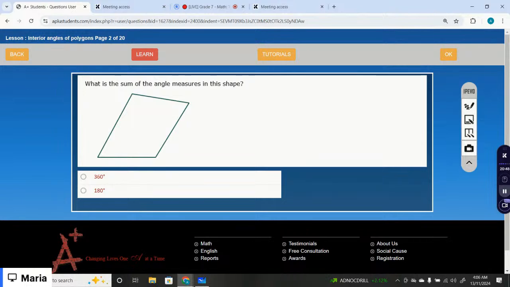What is the sum of angles in this shape? Which is the correct option?